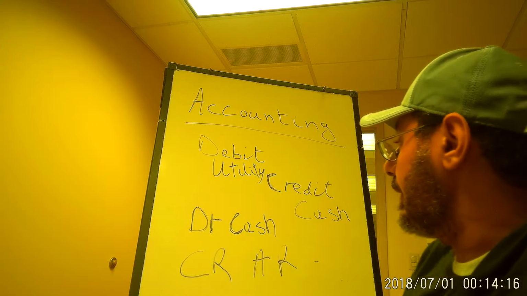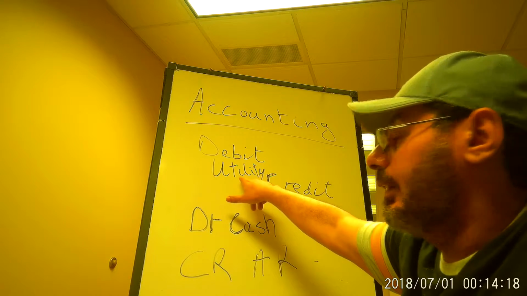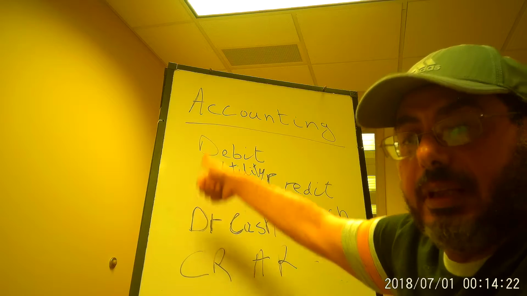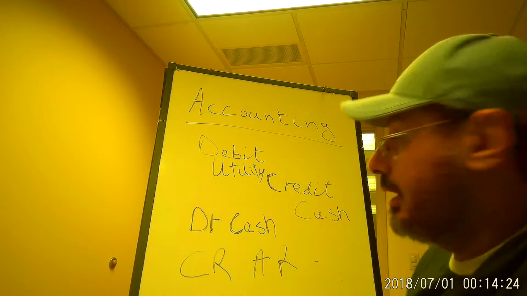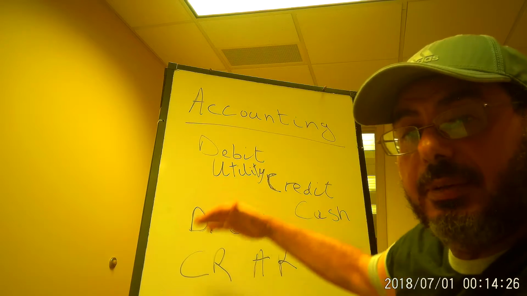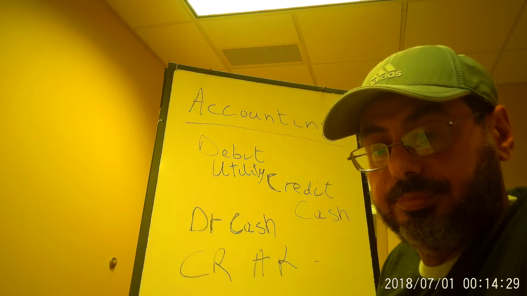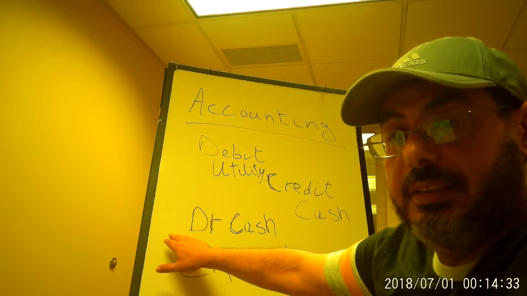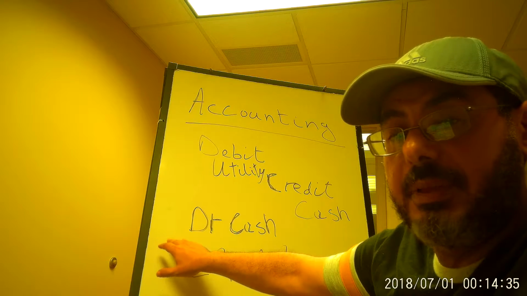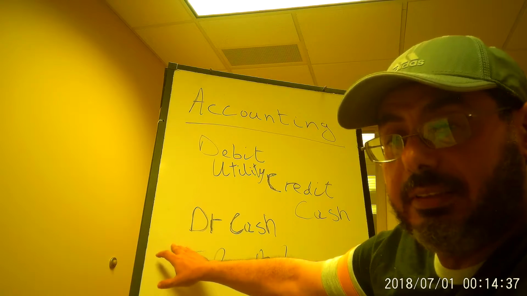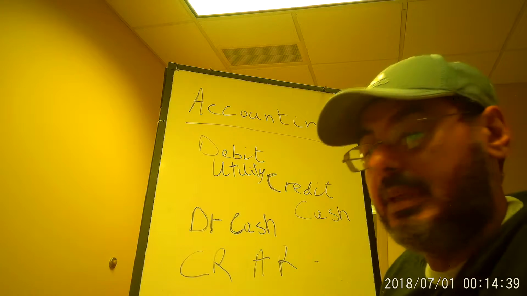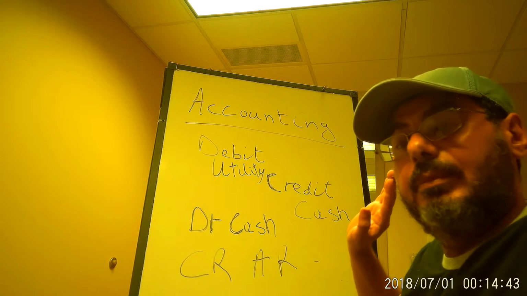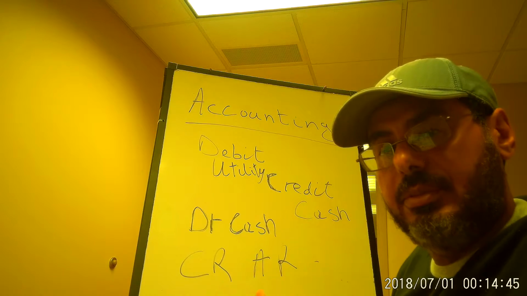So, in this case, the utility expense went up. Cash is going to go down. Then here, we're going to debit, but here, we got money. Money came in, and the transaction was recorded in receivable.